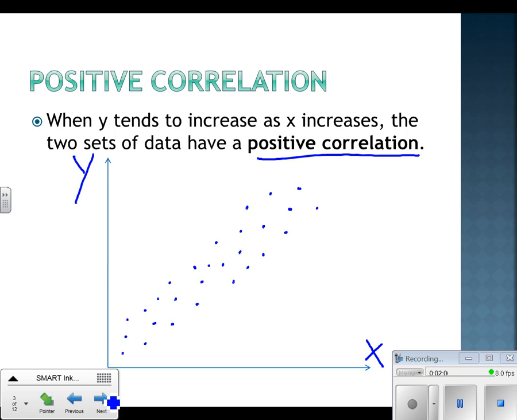It's very uncommon for babies to grow at the same rate. So if you took data from various babies over the course of the year, your points are going to be scattered, but you would see a trend that it would be going up. As weight is going up, the age is going up, and vice versa. Two things increasing, positive correlation.